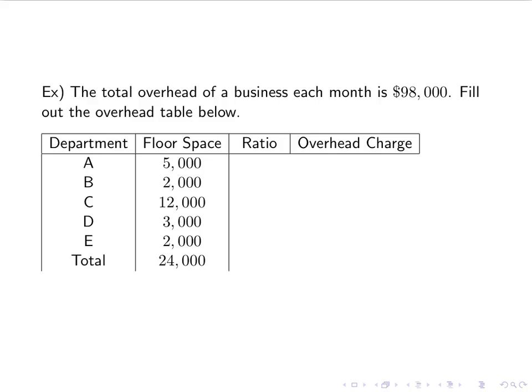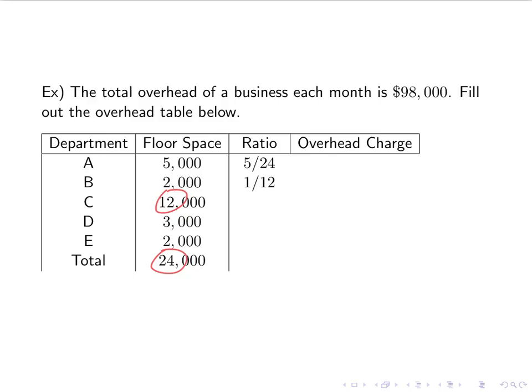And again, for the ratio, I can cancel 3 zeros every time I do the division. So for Department A, I have 5 over 24. I can't simplify that. So I'm going to leave it as 5 over 24. For B, I have 2 over 24, which does simplify into 1/12. For Department C, 12 over 24.